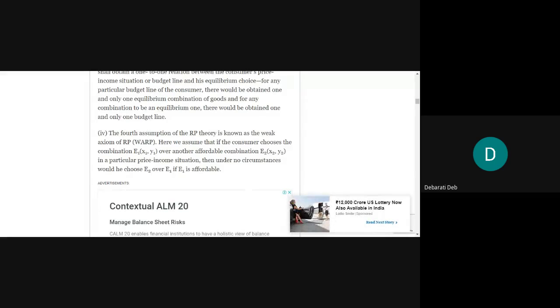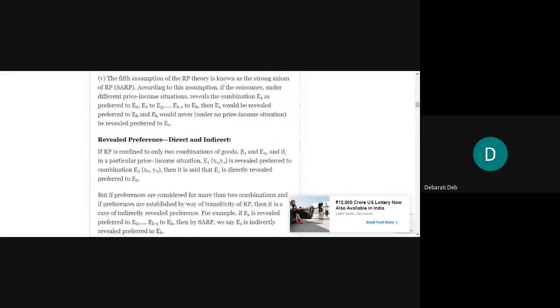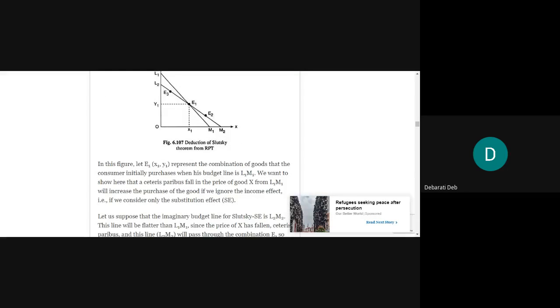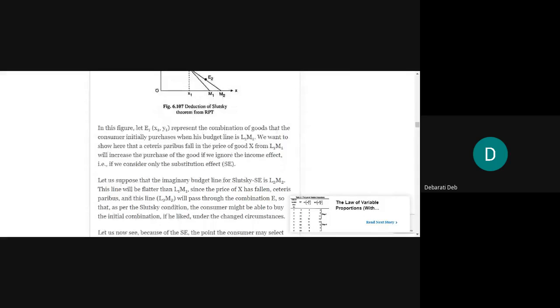That means even if the consumer is able to select a point, say E2, he will not do it and he will keep on buying E1 because he likes to buy E1, and if it is affordable, then he will keep on buying E1. Now come back to this concept. We were talking about the budget line L2M2, and we had also told that this L2M2 will pass through E1 also, because if the consumer likes to buy E1, he will be able to buy it.